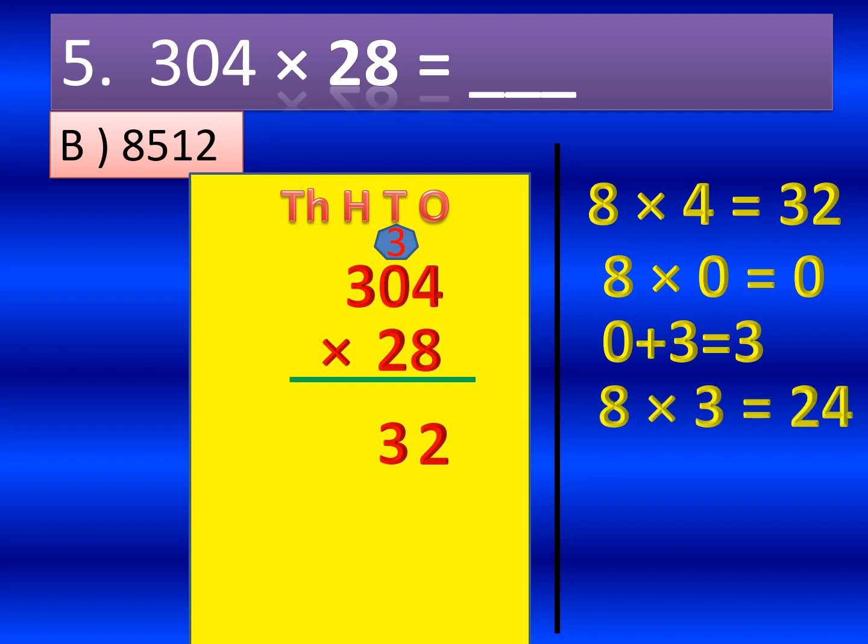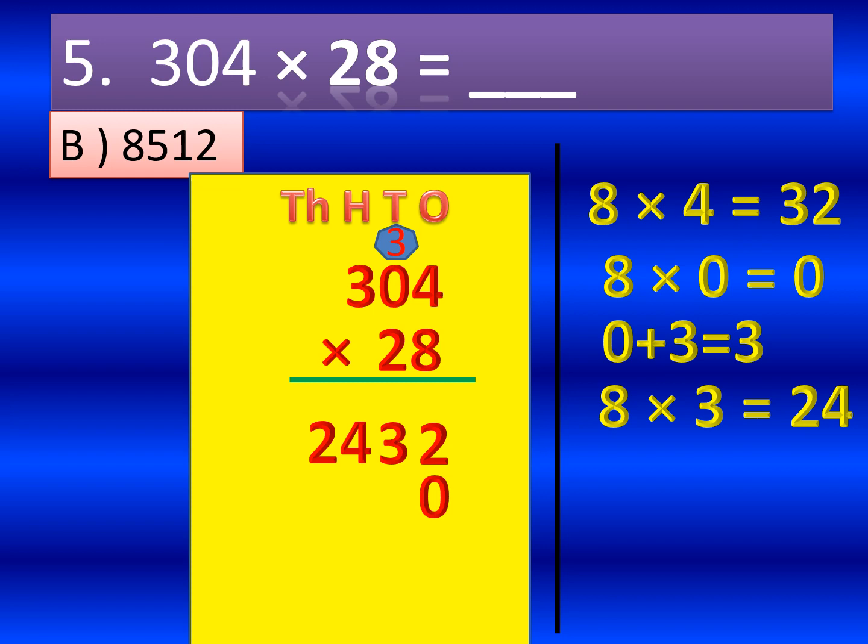Now 8 threes are 24. This 24 is to be written in hundreds and thousands place respectively. Now we have to leave the ones place, or we can write 0 in ones place in the next line. I am writing here 0.